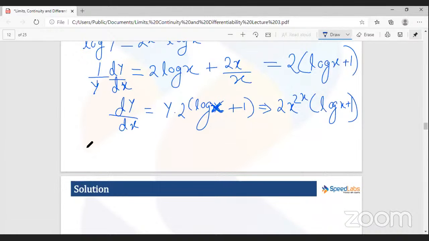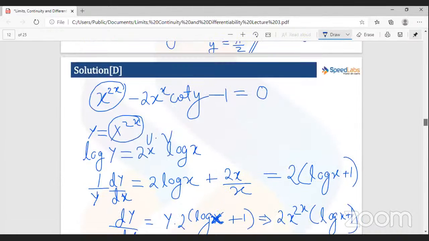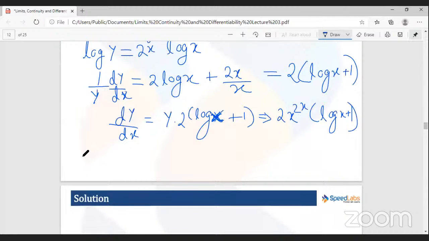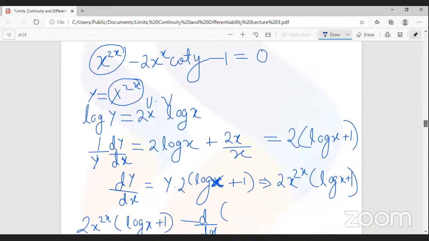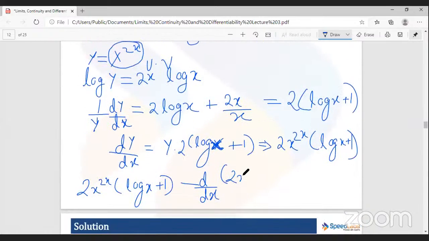Let's write it. 2x raised to the power 2x (log x plus 1) plus differentiation of minus 2, this is minus differentiation of 2x raised to the power x cot y.